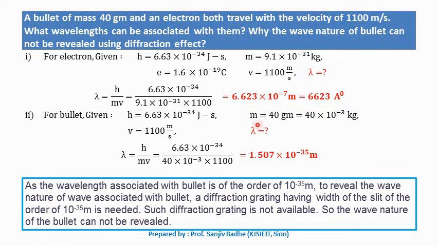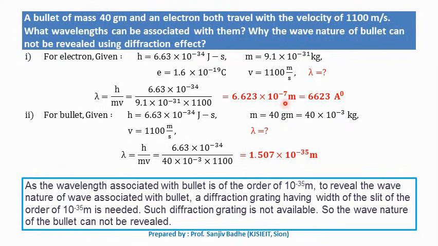Now for bullet, mass of the bullet is given as 40 gram, that is equal to 40 into 10 raised to minus 3 kg, and velocity is 1100 meter per second. If you put these values, you can calculate the wavelength of the wave associated with the bullet, and by substituting this mass and velocity, we get the wavelength of the wave associated with bullet as 1.507 into 10 raised to minus 35 meters.